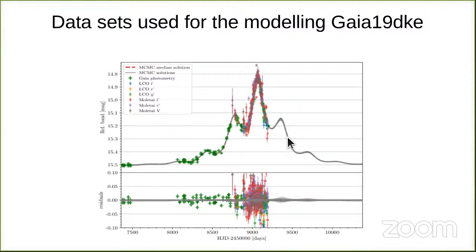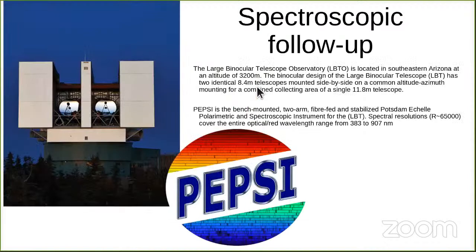Now for the source star. A spectrum was obtained close to the peak, by the Large Binocular Telescope, located in southern Arizona.